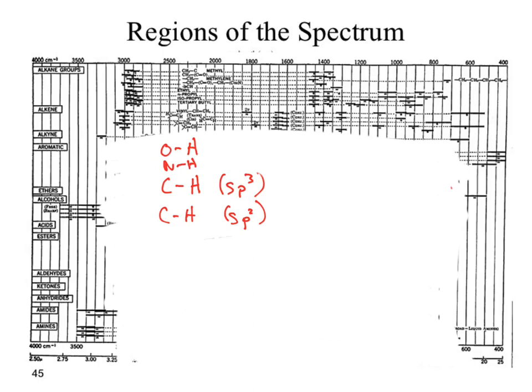OH, NH, CH sp3, CH sp2, CH sp, CH from an aldehyde, a triple bond, I don't care if it's to carbon or nitrogen, carbon-oxygen double bond. I want to be able to identify those.